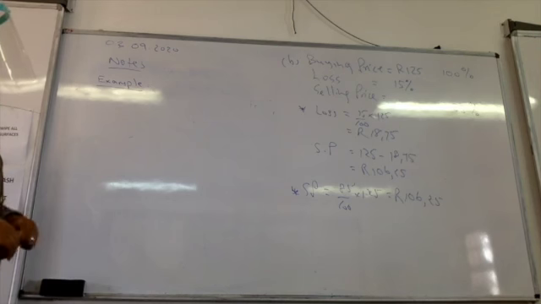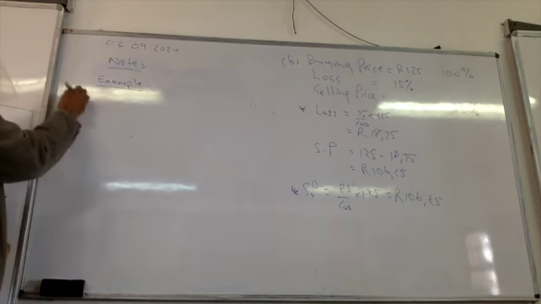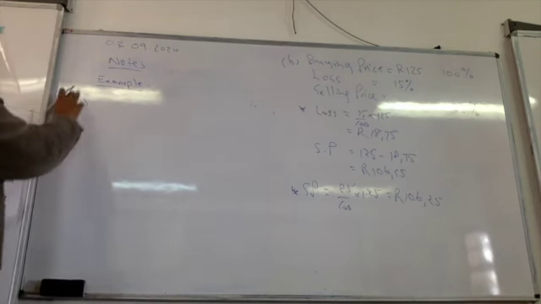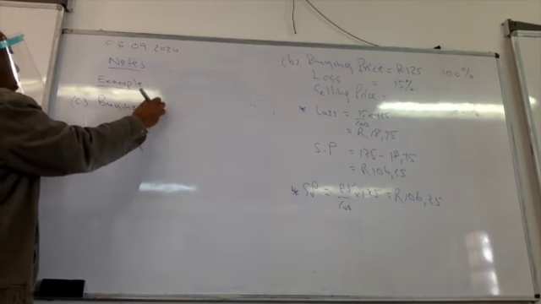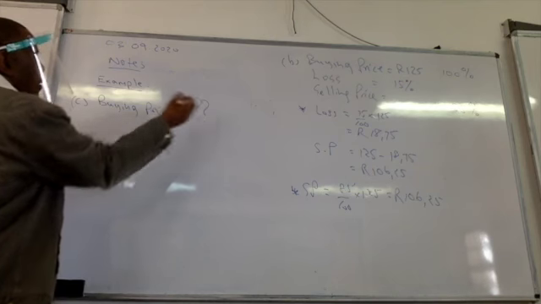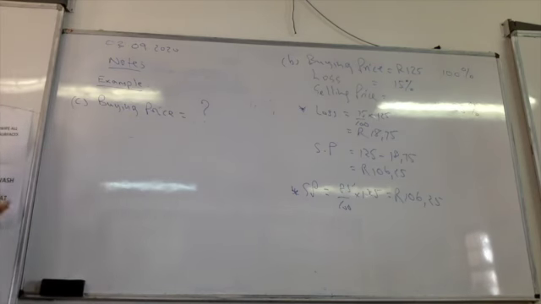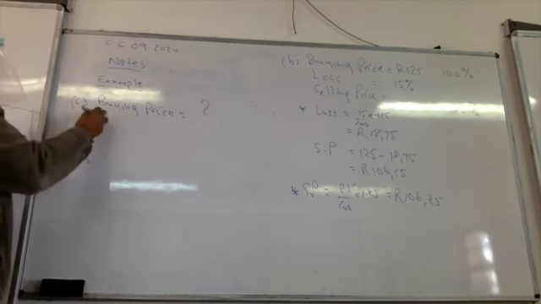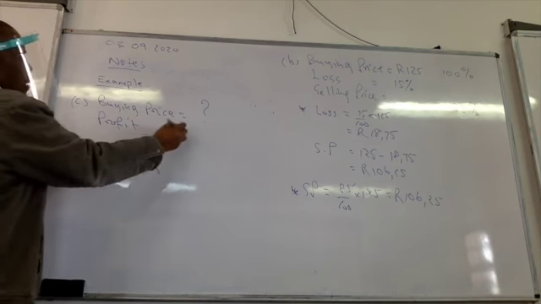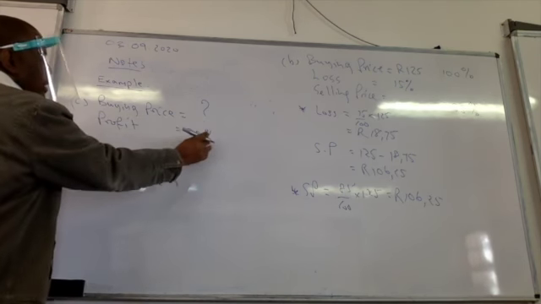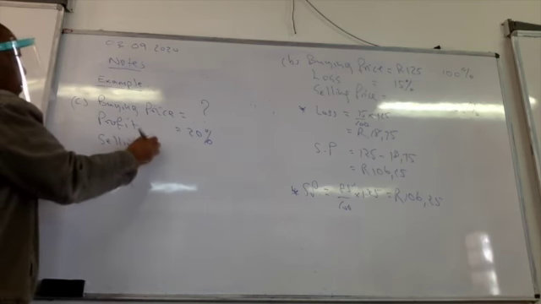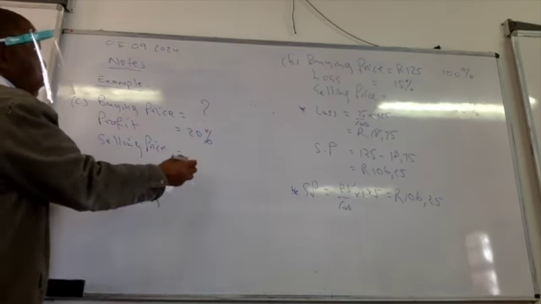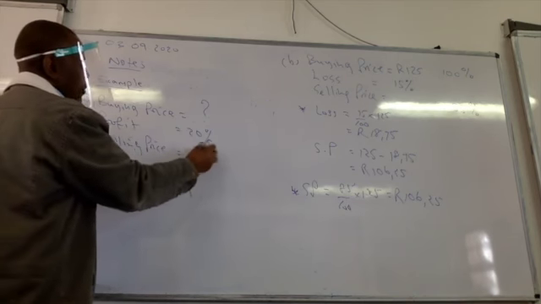Now, let's look at something more challenging. This time we do not know the cost price, the buying price, but we know that there was a profit made. This guy made a profit of 20% and he sold the item for, let's say, 250 rand.